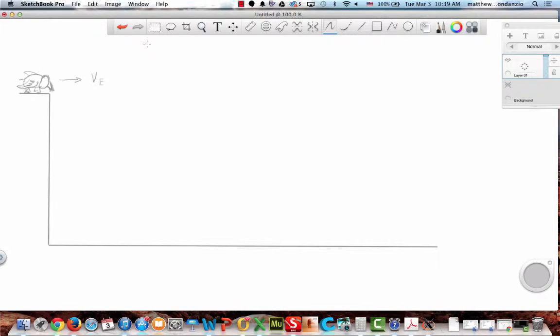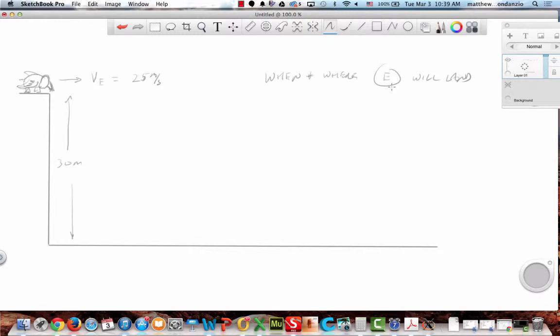The velocity of the elephant equals 25 meters per second. The height is 30 meters up. What I want to know is when and where the elephant will land.